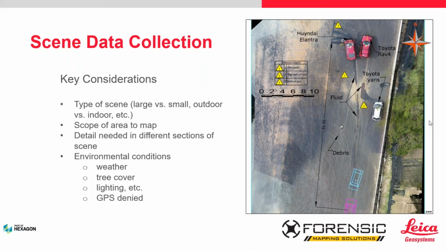But in your outdoor scenes, you want to take a look and see what the scope or what the area is that you need to map, if it's a large or small scene. What I mean by that is if we are trying to map 2,000–3,000 feet of an interstate highway because a crash had occurred and it continued for such a distance, or there were some issues with approach with curvature of the road or grade of the road or whatever, and you needed to capture a large area, that's a perfect scenario to use the drone or the UAS, because with that technology, you're going to fly the drone.